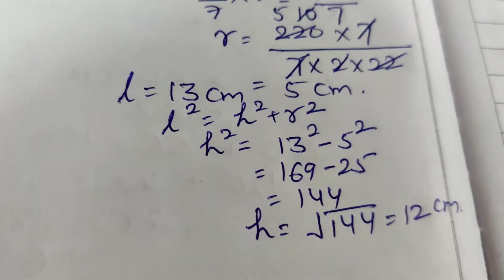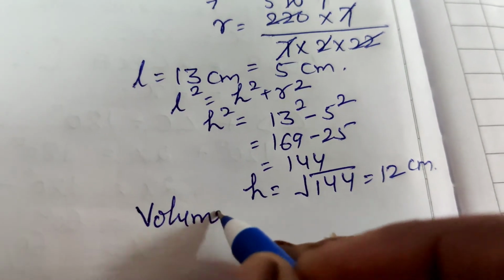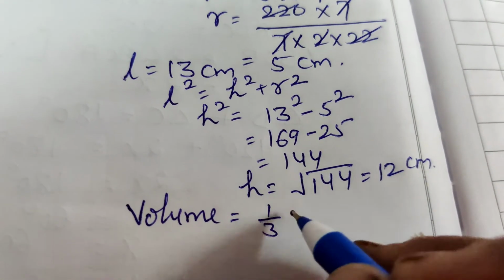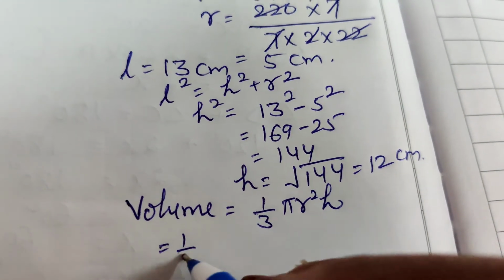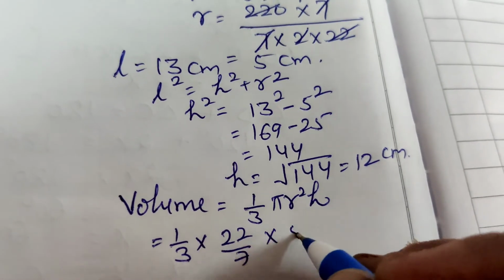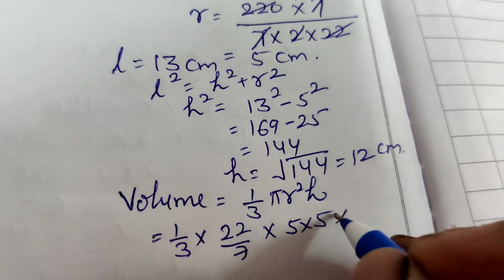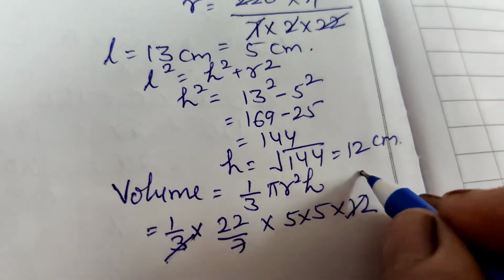And find the volume. The volume of the cone is 1 by 3 pi r square h. 1 by 3, pi is 22 by 7, r is 5, 5 and h is 12. Now cancel by 3, 4.